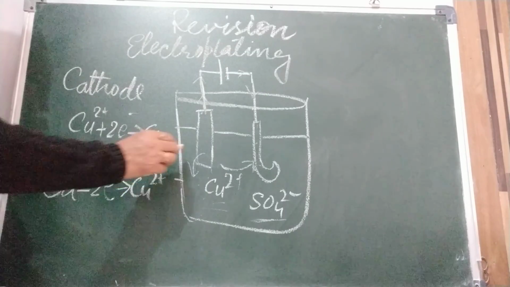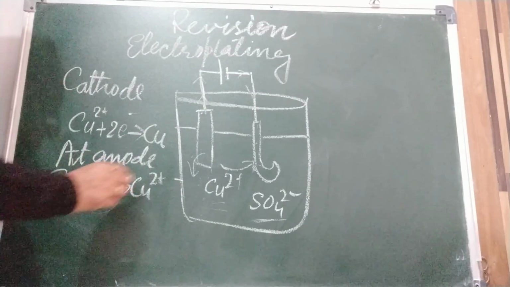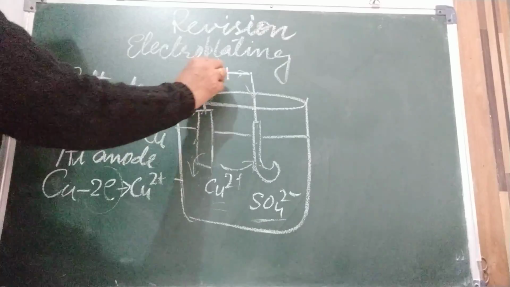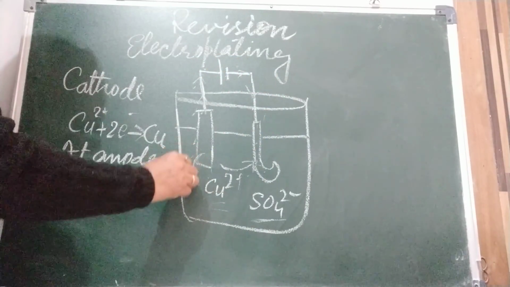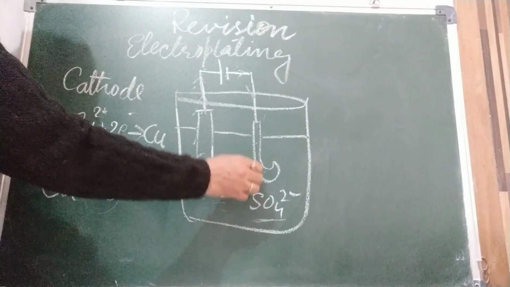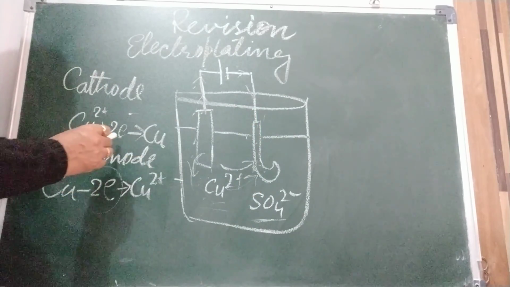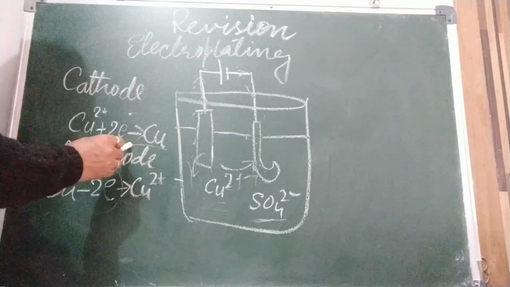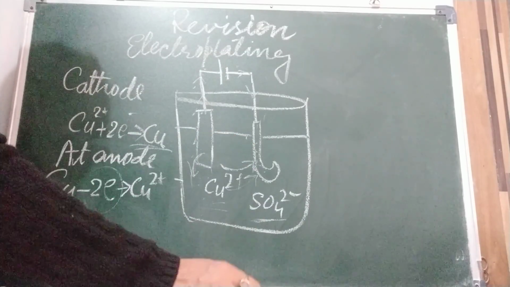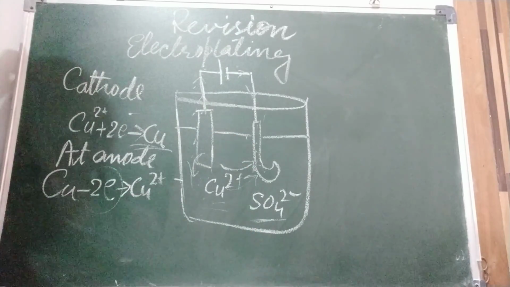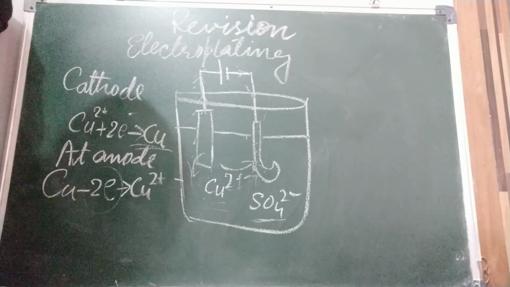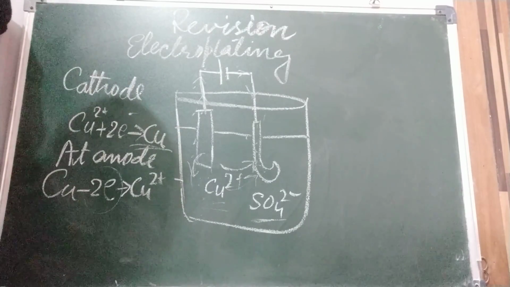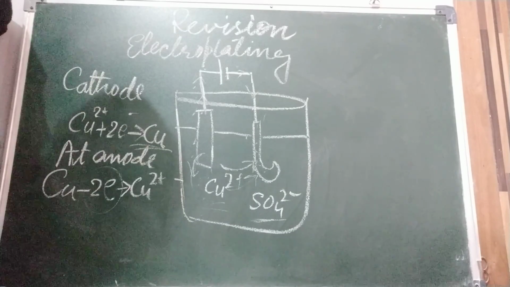These 2 electrons move and are collected by copper ions at the cathode. So this copper comes out, collects the electrons, becomes an atom again and is deposited on the spoon. This way, copper gets transferred from the anode to the cathode.